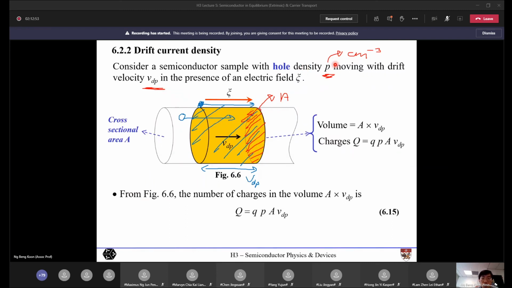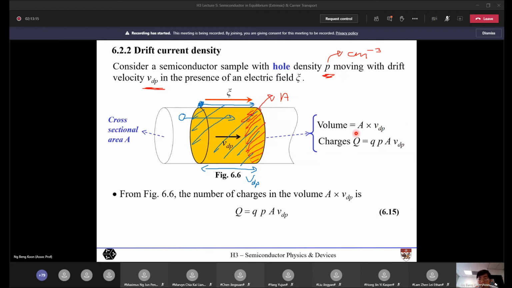Now, because we know that the hole density is P, and this is just the volume of a cylinder, it's the cross-sectional area A multiplied by the height, which is VdP. That's the volume. And if you know the volume, you multiply by the hole density, then you can calculate the total number of holes in this volume.